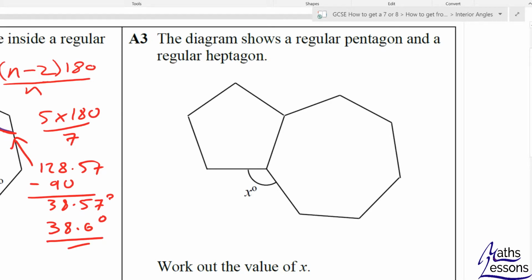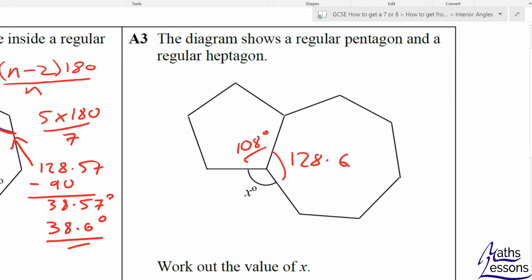Time's up there. Let's have a look at this one. If you're aware, we've got the same shapes as we've had already in these questions. This one is 108 degrees, and this one is 128.6 degrees.